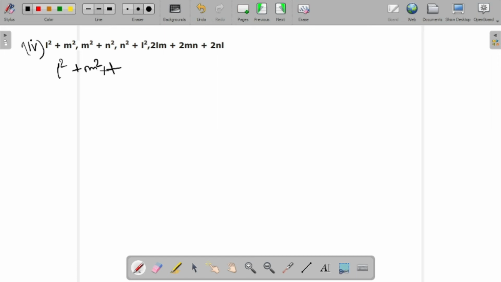In place of bracket, we can write plus, since we are adding, n square plus l square plus 2lm plus 2mn plus 2nl. So this is the first step.